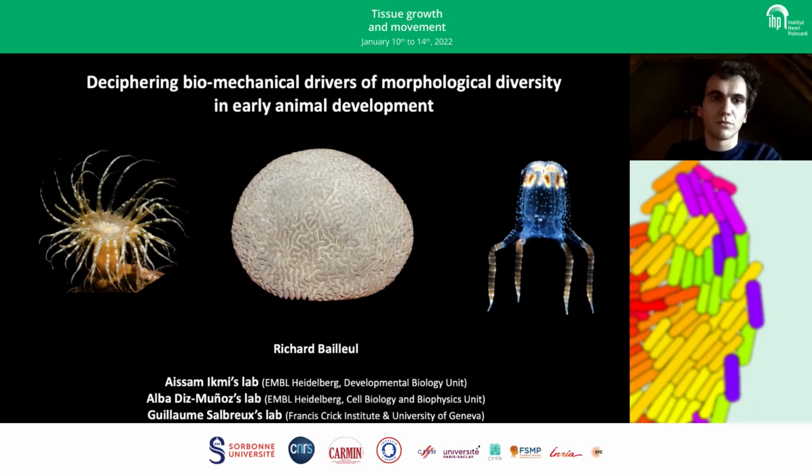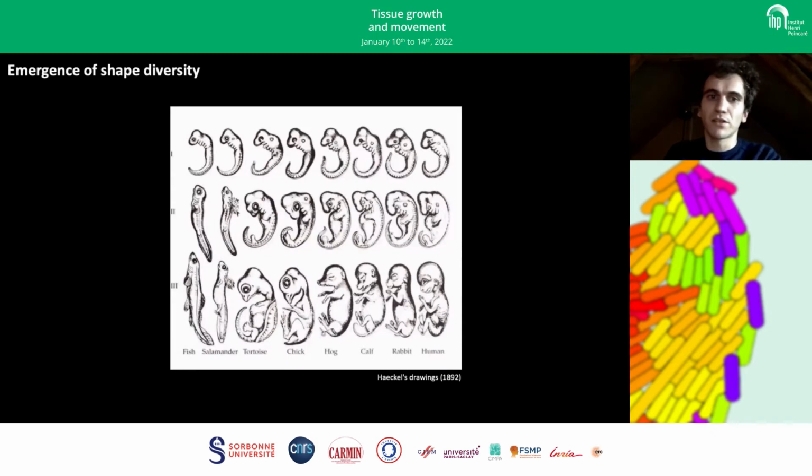So, in my postdoc, I am interested in the emergence of shape, morphogenesis, across evolution. During development, from initially simple embryos undergo a succession of finely orchestrated transformations that lead to the emergence of diverse shapes. The emergence of shape diversity is a long-standing and complex question.